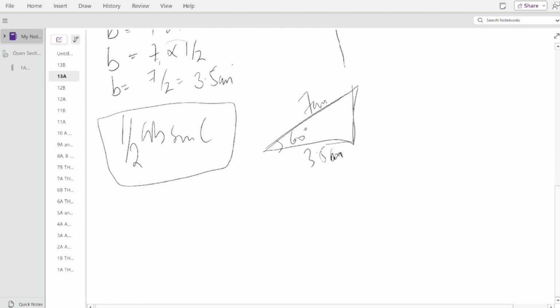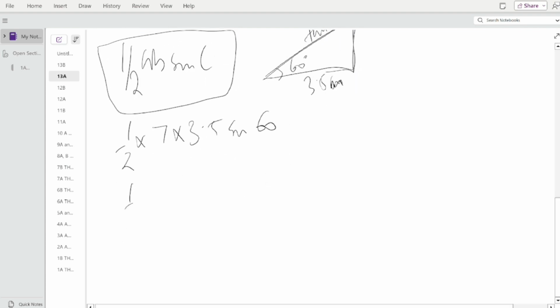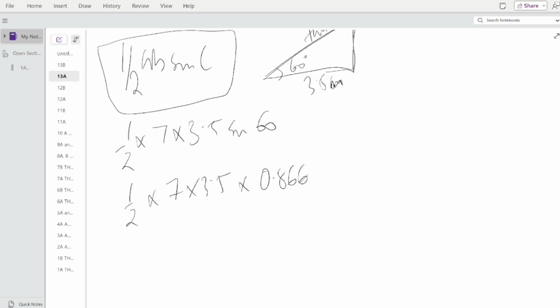So using this formula, I can say half, our A is 7 and our B is 3.5 sine, your angle is 60 degrees, that's sine 60. We have half times 7 times 3.5 times sine 60, which is 0.8660.